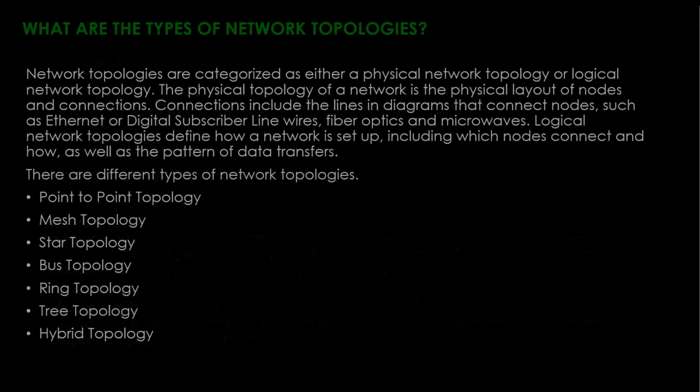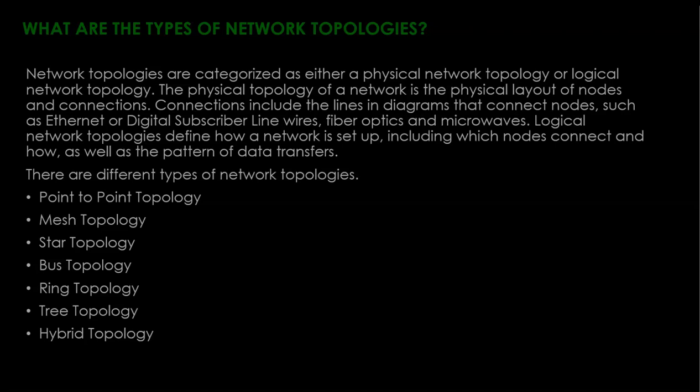What are the types of network topologies? Network topologies are categorized as either physical network topology or logical network topology. The physical topology of a network is the physical layout of nodes and connections.